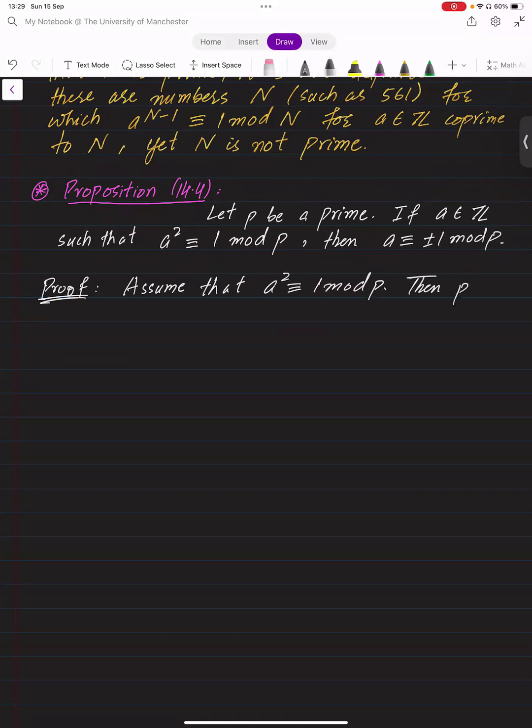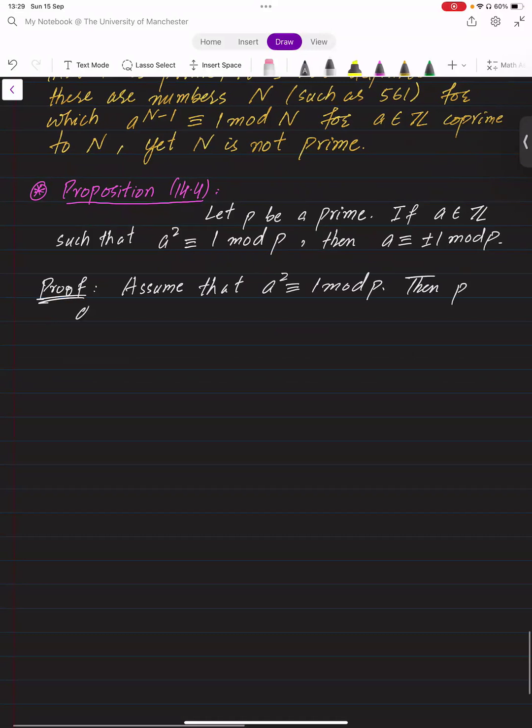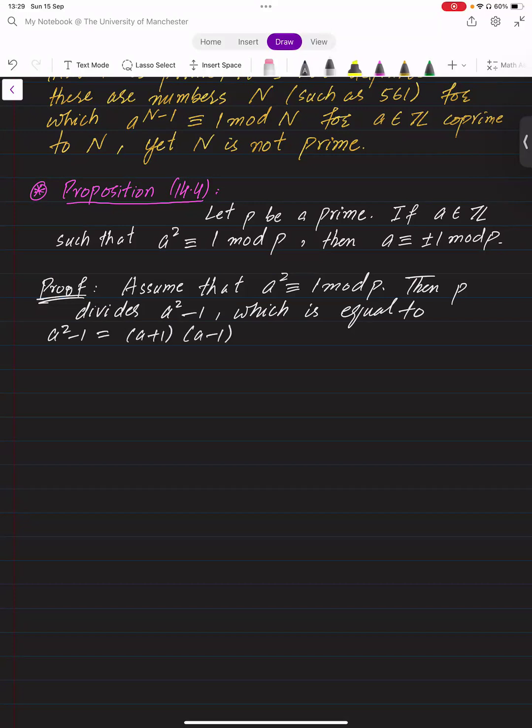Then p divides a squared minus 1, which is equal to (a plus 1)(a minus 1).